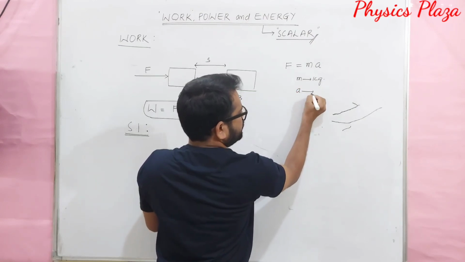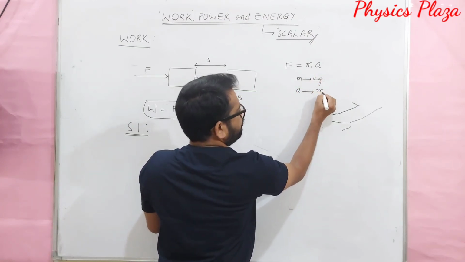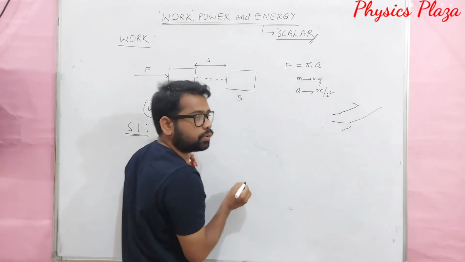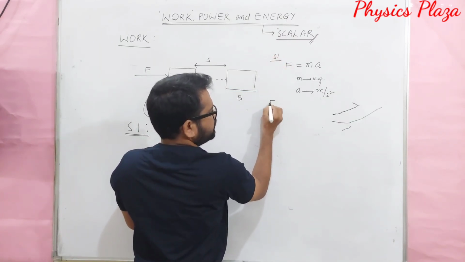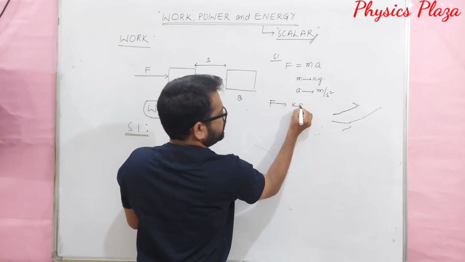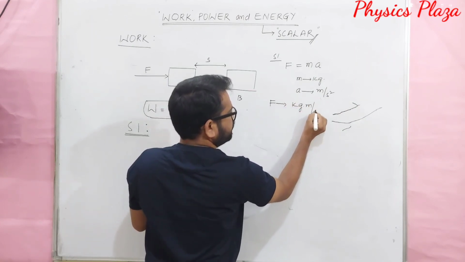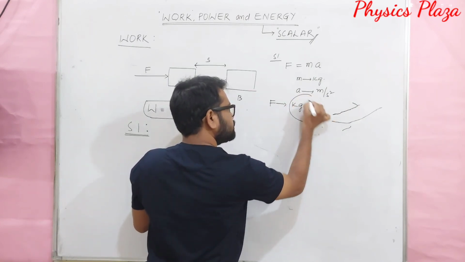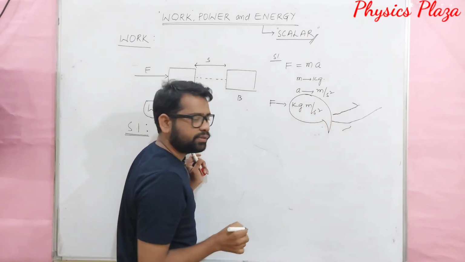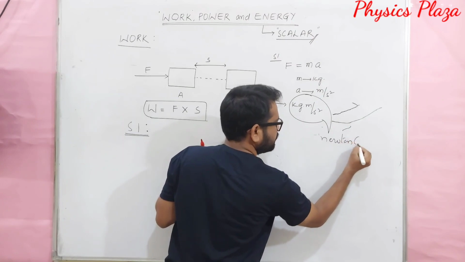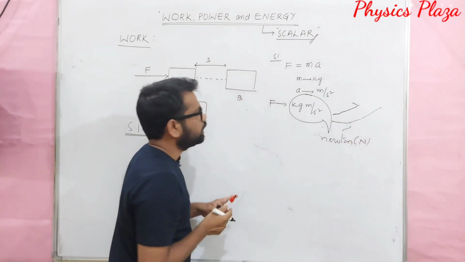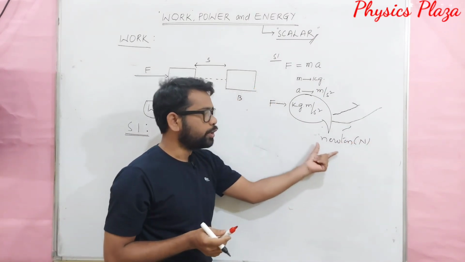The acceleration is expressed in meter per second square. So the SI unit of force is kg meter per second square. Children, this we call Newton, symbol capital N. So the SI unit of force is Newton.